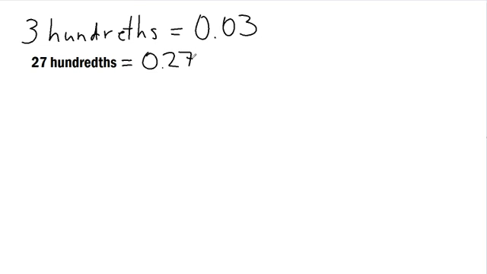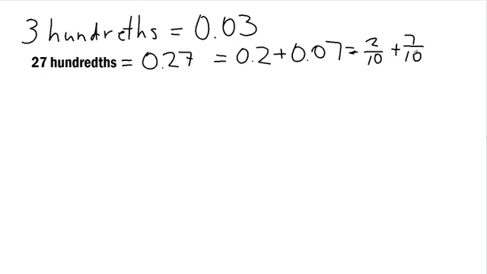27/100ths. Now, if you were to write that out in expanded form, that's actually 2/10 plus 7/100ths, or some people prefer it as a fraction in expanded form, 2/10 plus 7/100ths.